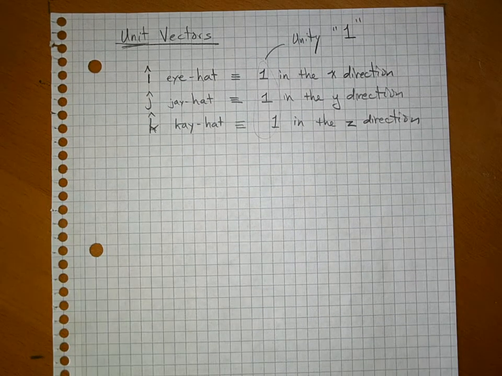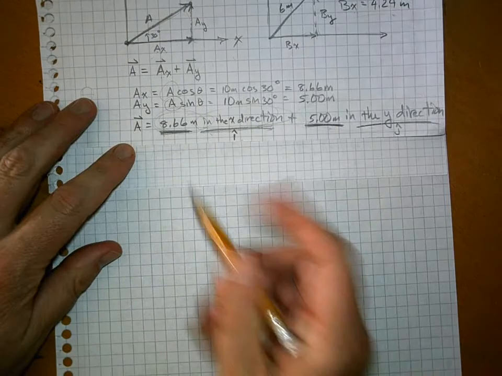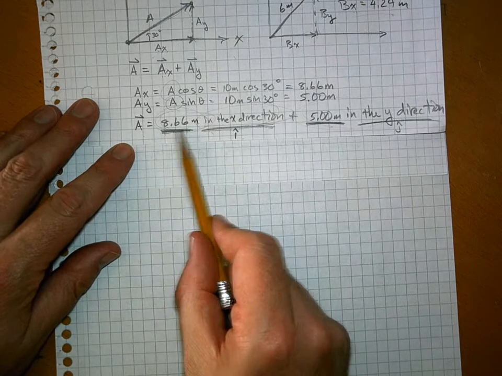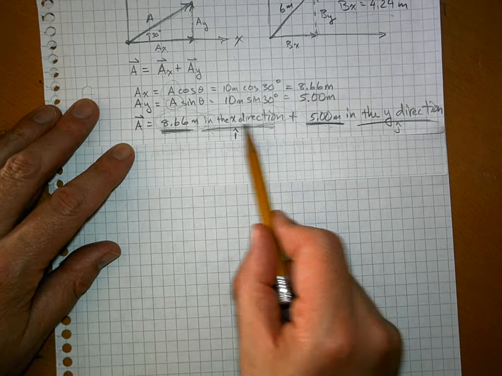Because here's what we're going to do. Let's look at vector A again from the previous sheet of paper. Here's vector A, right? 8.66 meters in the x direction.